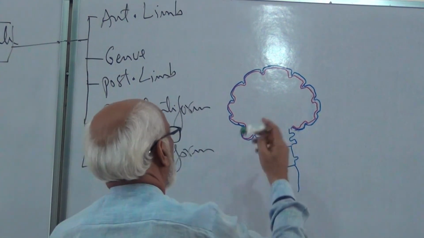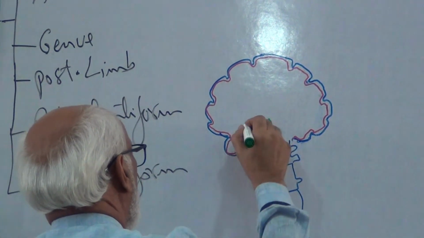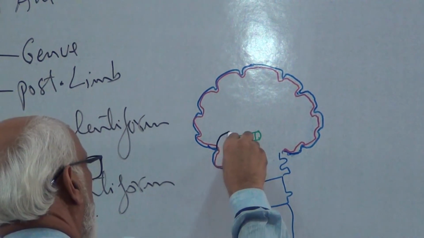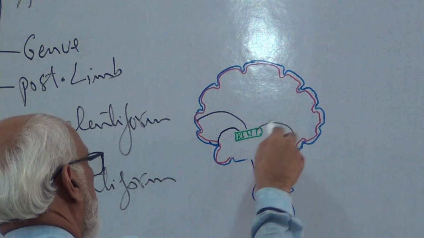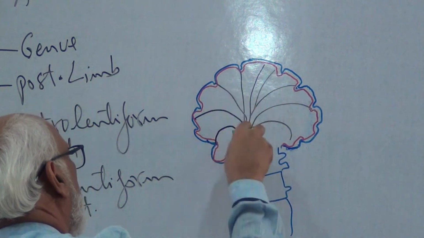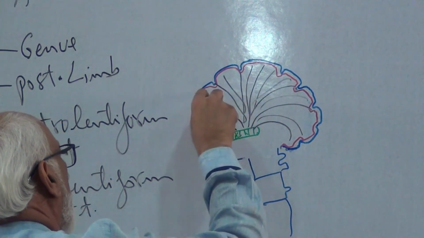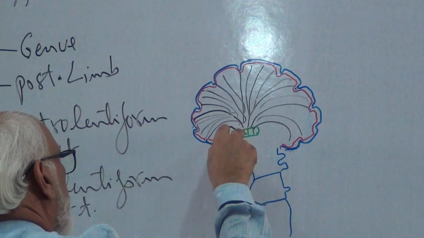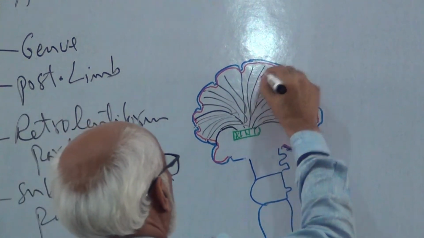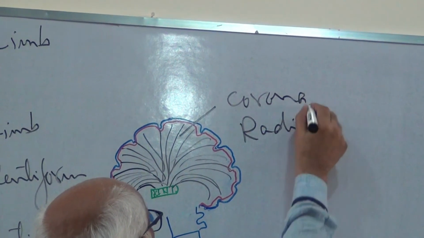Now suppose this is internal capsule. So the fibers arising from cerebral cortex converge in a fan-shaped manner from the cerebral cortex, known as the corona radiata.